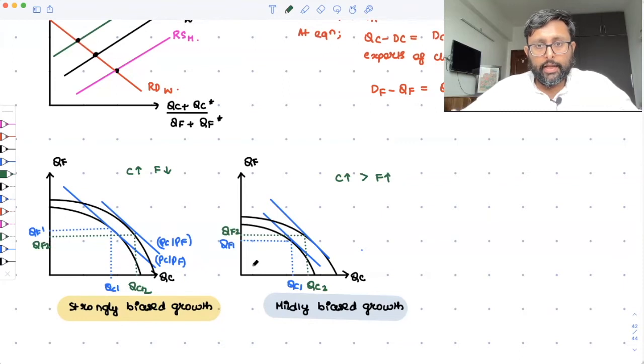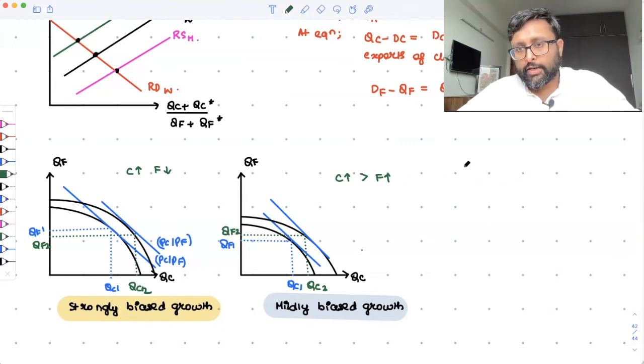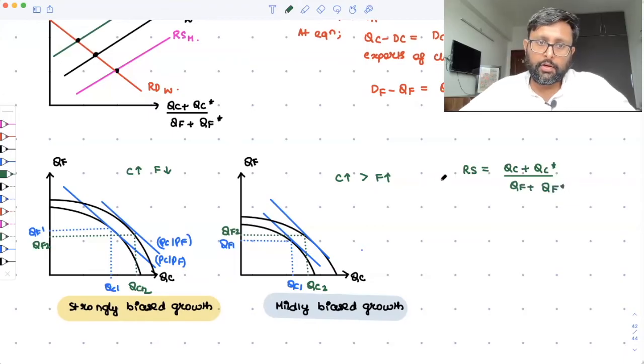So what is the relative supply of the cloth? QC upon QC plus QC star, QF upon QF star. If it is a strongly biased growth, C is increasing, right? Fine, very good. And this is falling. So this guy is increasing. Here, this is increasing more than this increase.